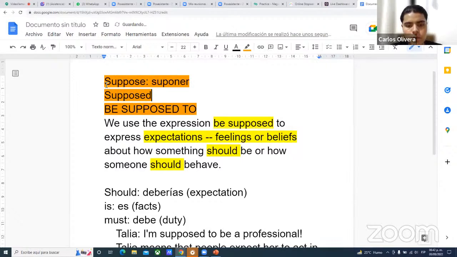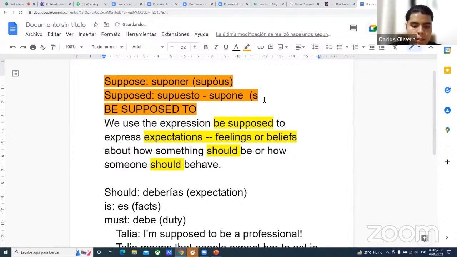Supposed means supuesto or supone. In this case the pronunciation is suppose, and in this case, supposed.